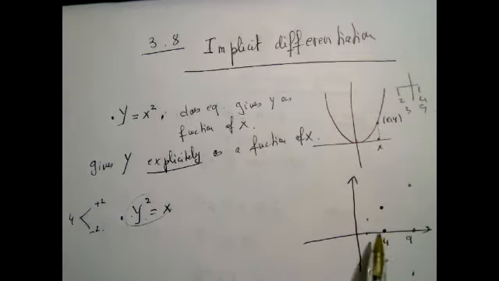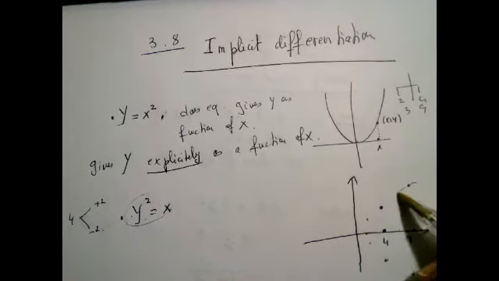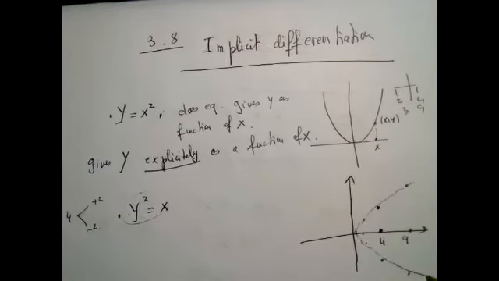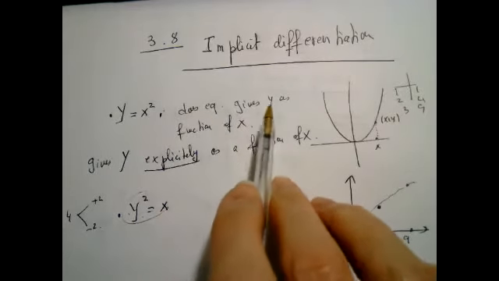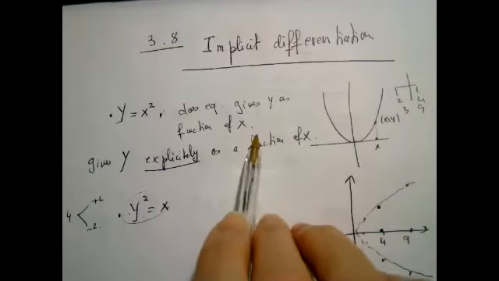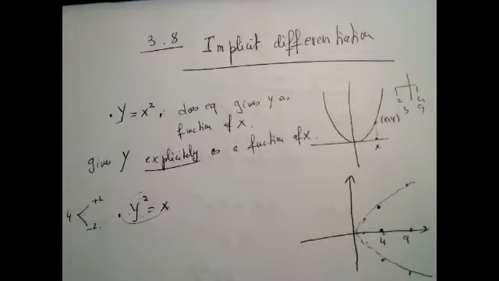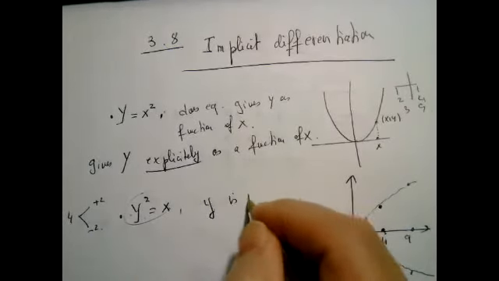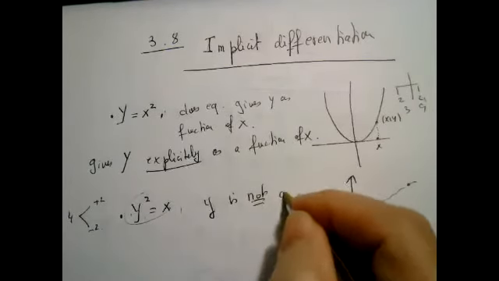If I graph this, for every x, we have 2 y's. So does this equation give y as a function of x? What will be our answer? Here, y is not a function of x.